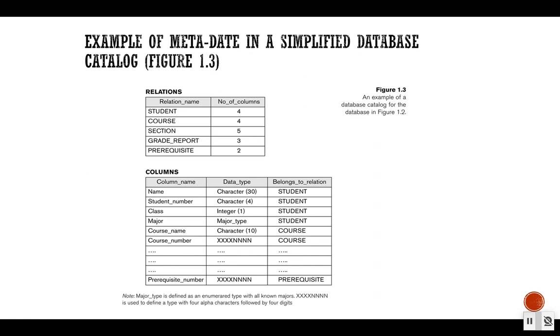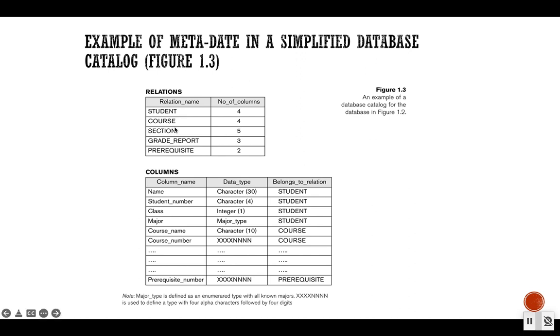Each of the data has some metadata in the simplified database catalog. Metadata means actually the data about the data. For example, when we saw the sample university database, what is the backend information of each of the records?